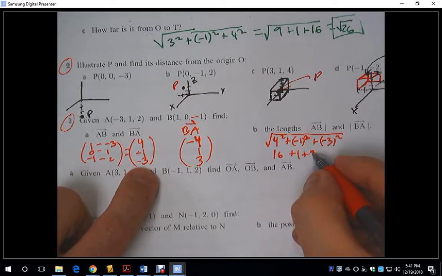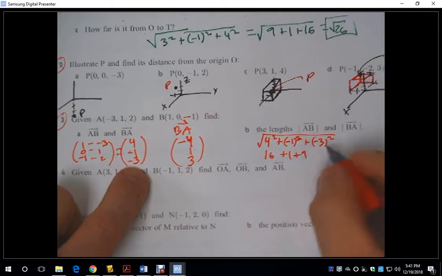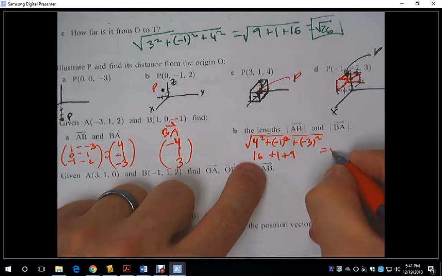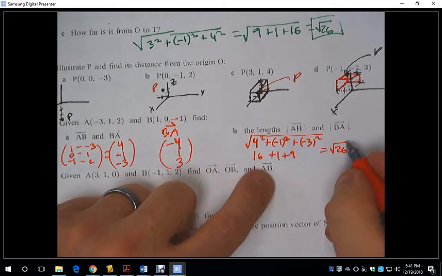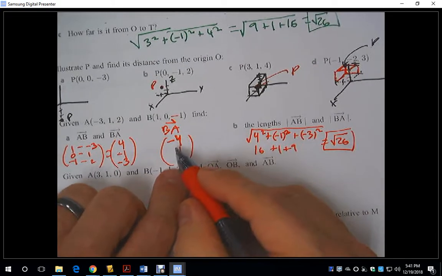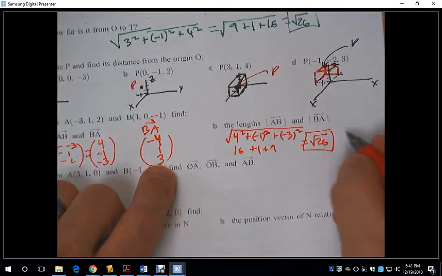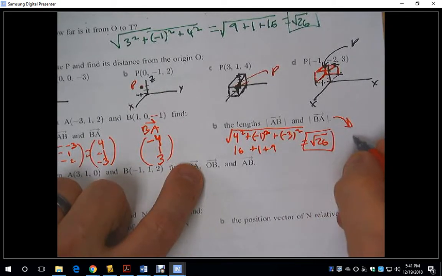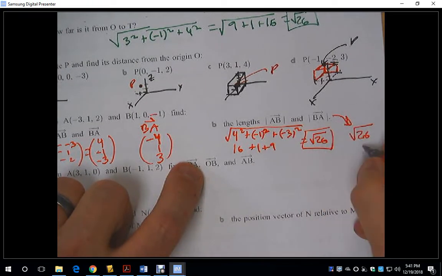Let's do 1 plus 9, that's 10, plus 16, that's going to give us 26. So I have the square root of 26 as the length or the magnitude of this vector. Well, what's the magnitude of my other vector going in the opposite direction? Well, the direction changed, but not the magnitude. So the magnitude of this other vector should also be the square root of 26. We should probably give it units, so I'll just write the square root of 26 units.